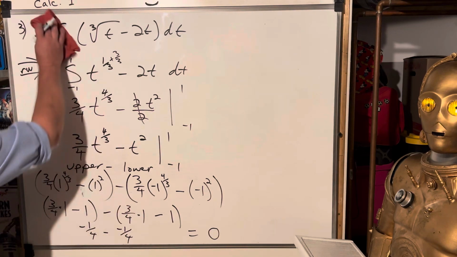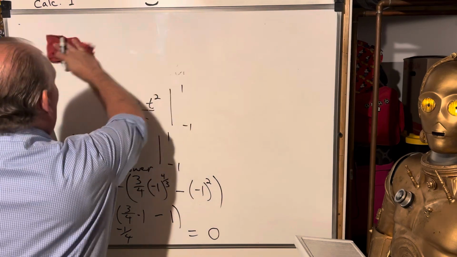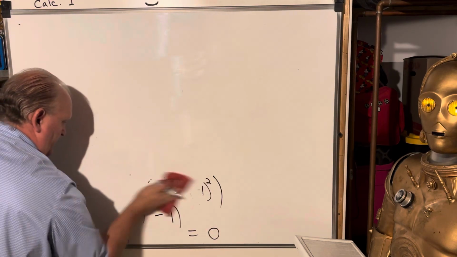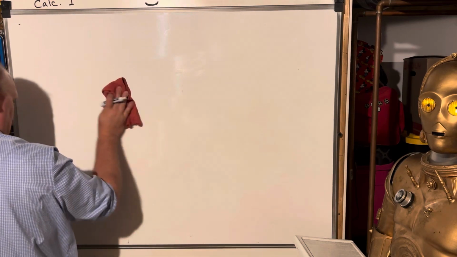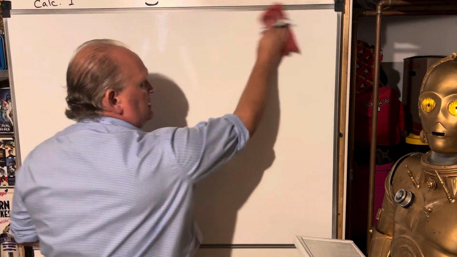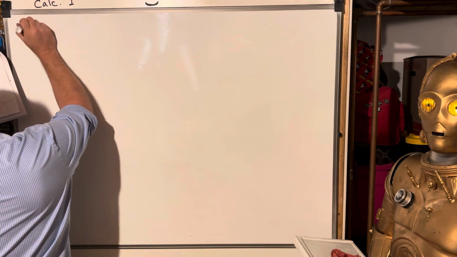There we go. Let's look at number 4. That one we're going to have to split it up. We don't ever do quotient rule or product rule or anything like that. So we're just going to split this into 3 different fractions.